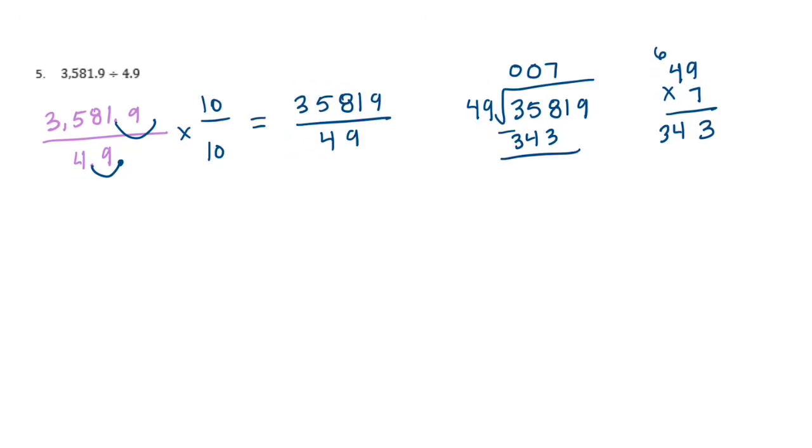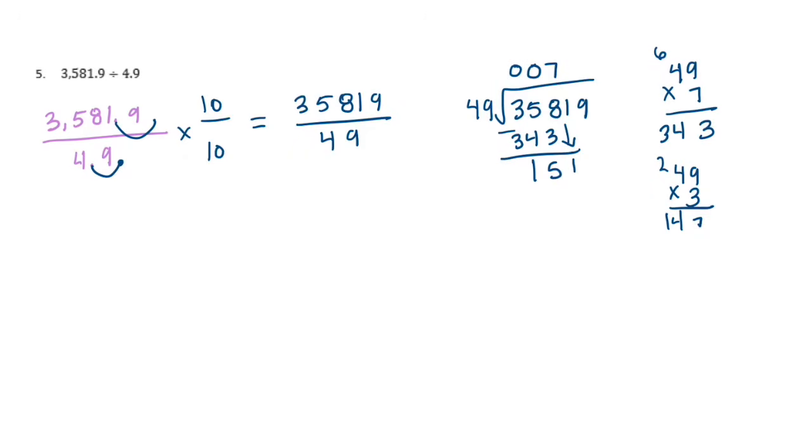And we subtract. 8 minus 3 is 5. 5 minus 4 is 1. Bring down the 1. How many times can 49 go into 151? Well, I know 50 times 3 would be 150, so 49 times 3. 4 times 3 is 12, plus 1 is 14, is 147.